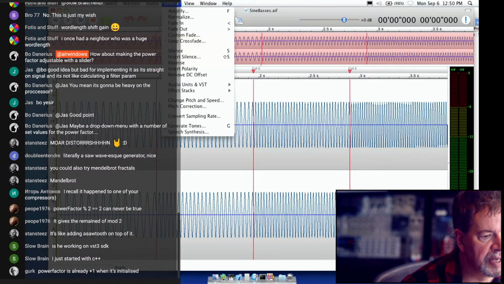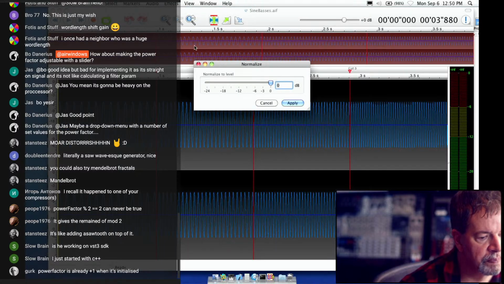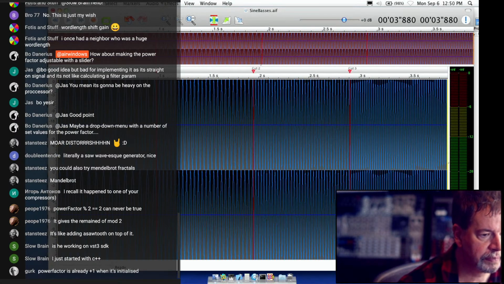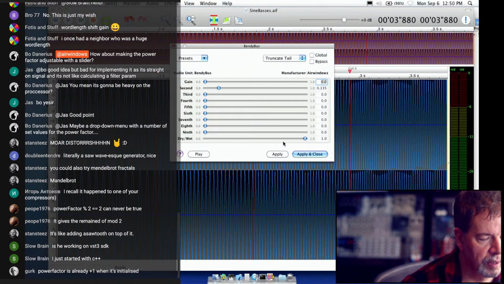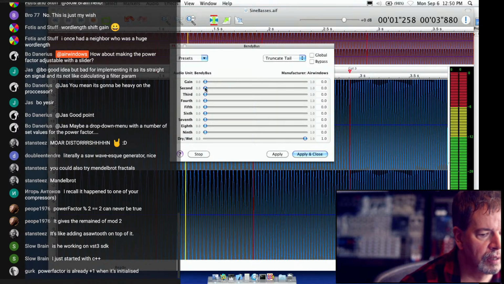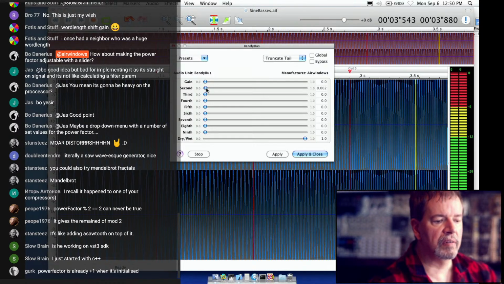Here's our sine bases. Oh, normalize. Very little.